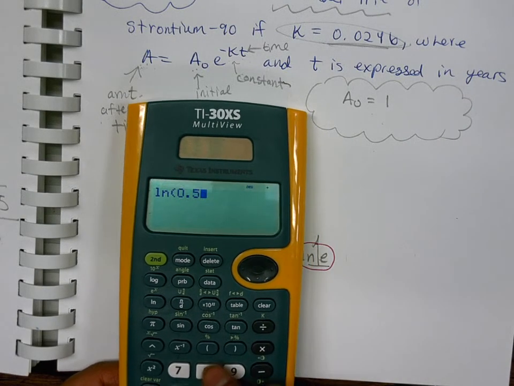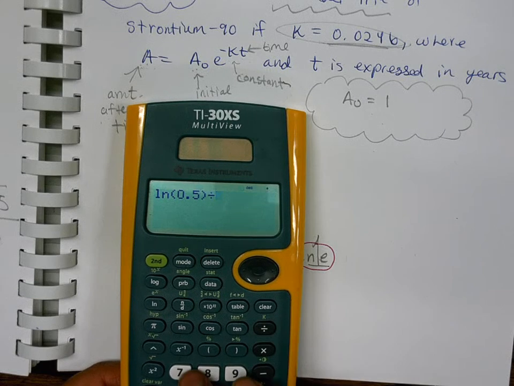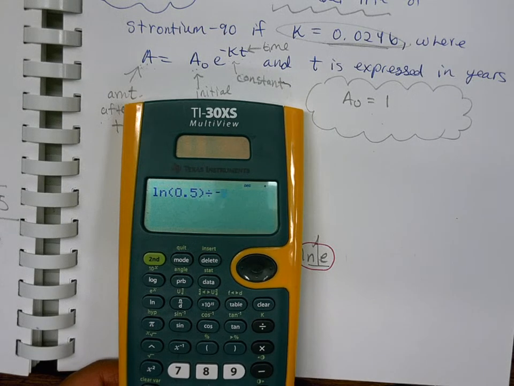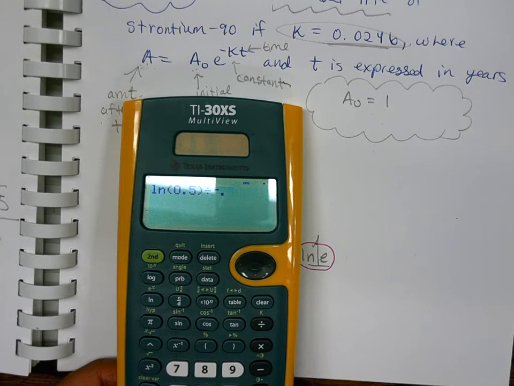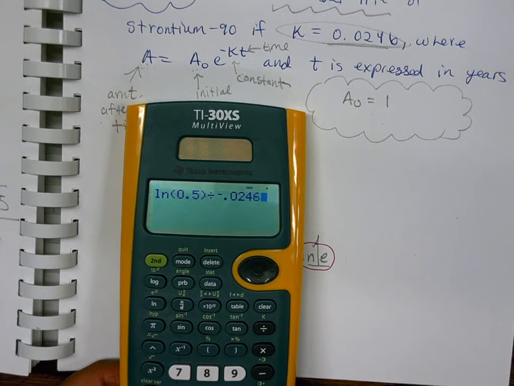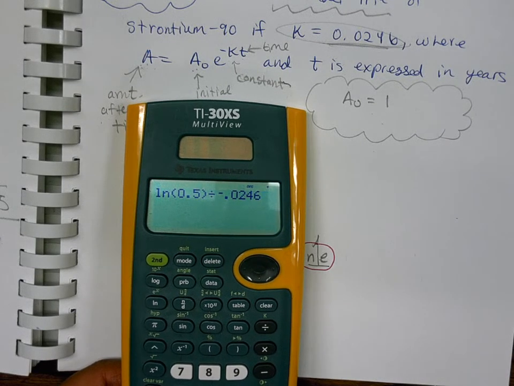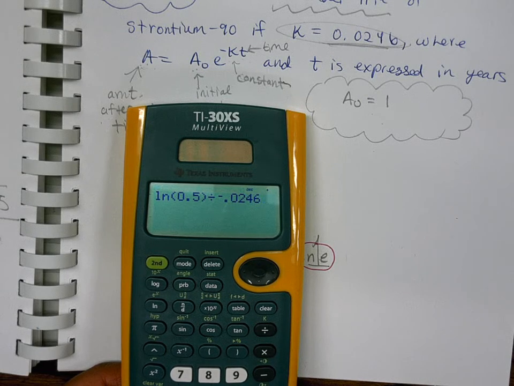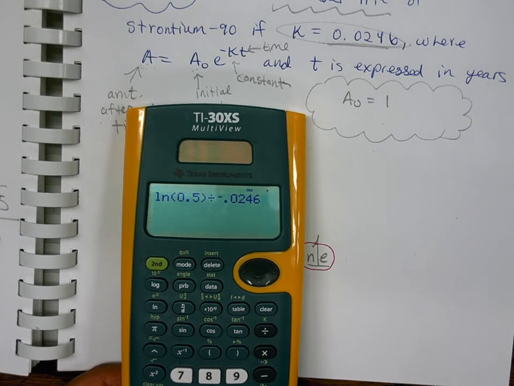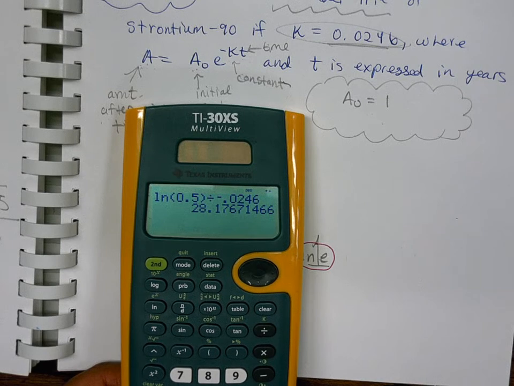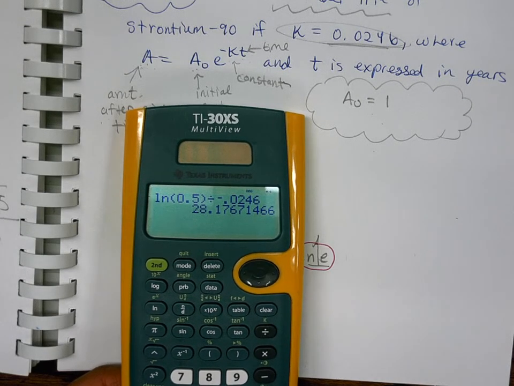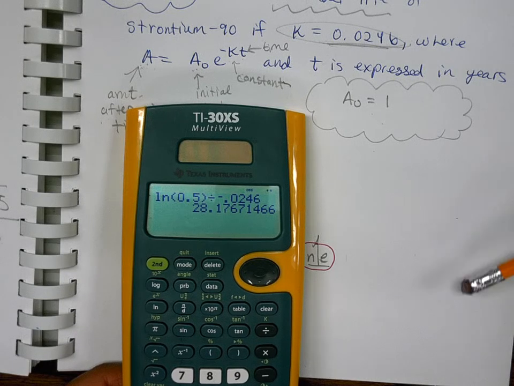Ln of 0.5 divided by negative 0.0246. 28.177 years.